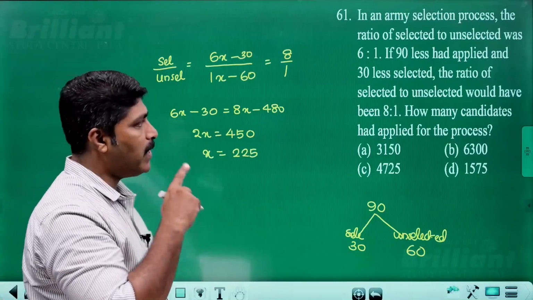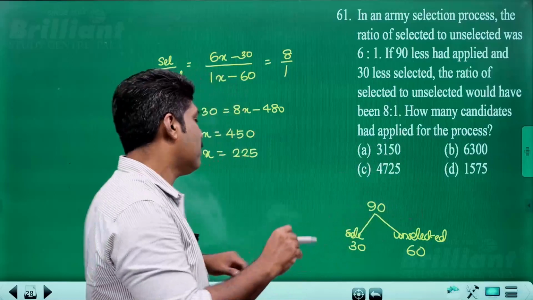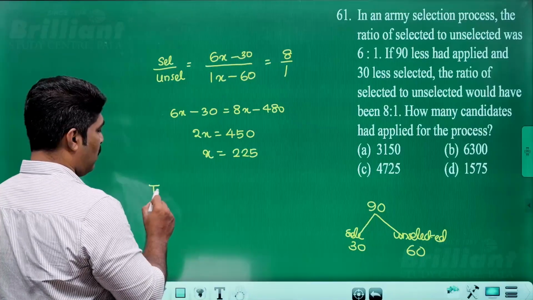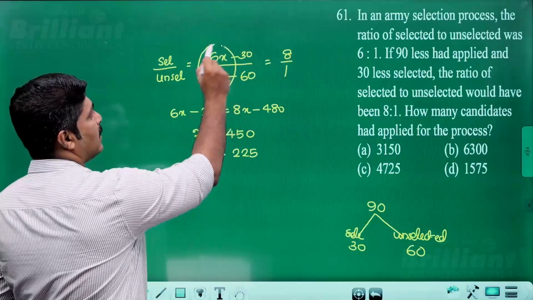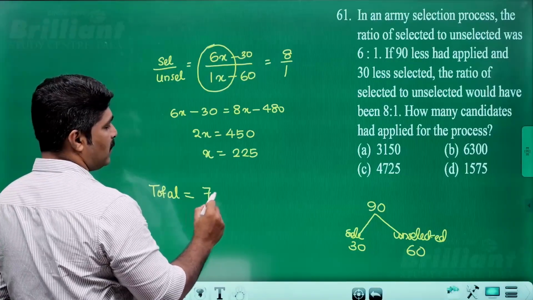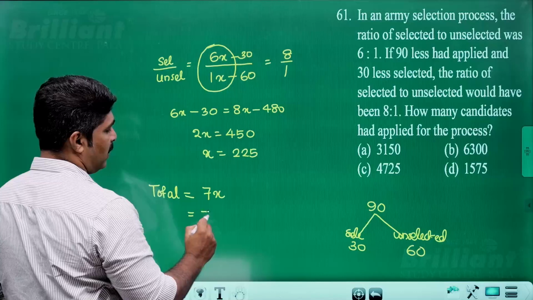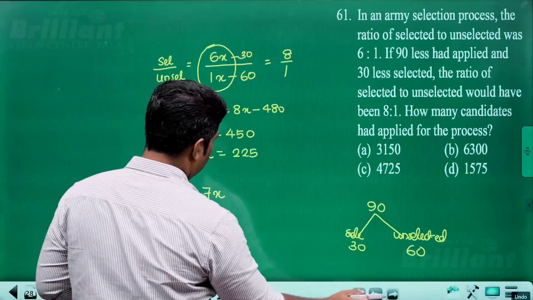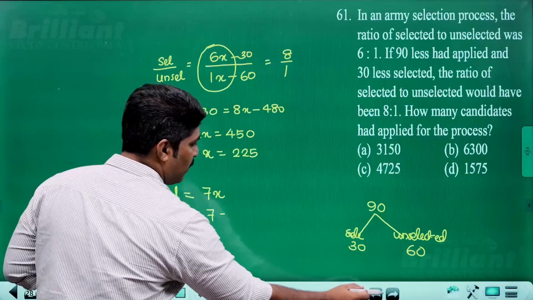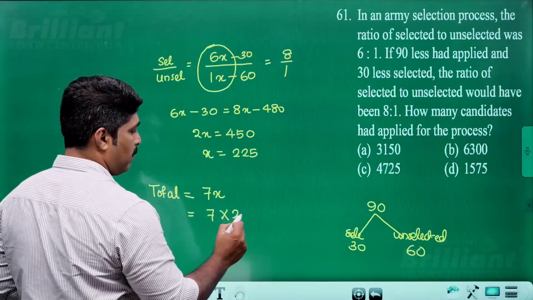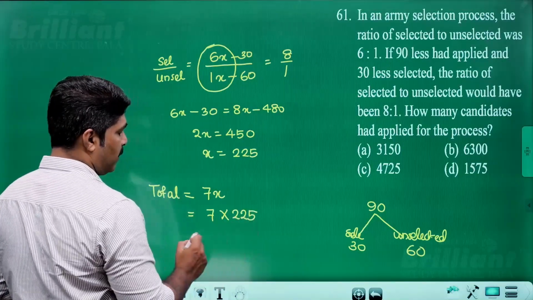What we have to find out is how many candidates had applied for the process. Therefore, the total number of applicants initially is 6x plus 1x, which is equal to 7x. So that is 7 into 225. Just multiply it together.